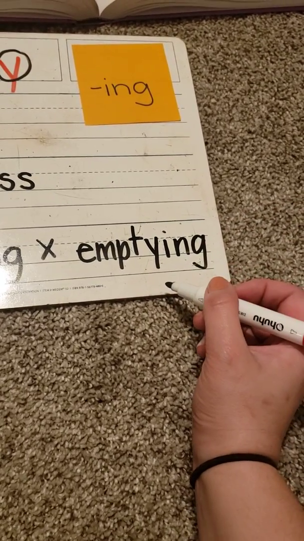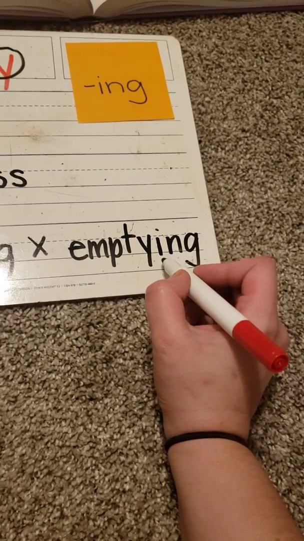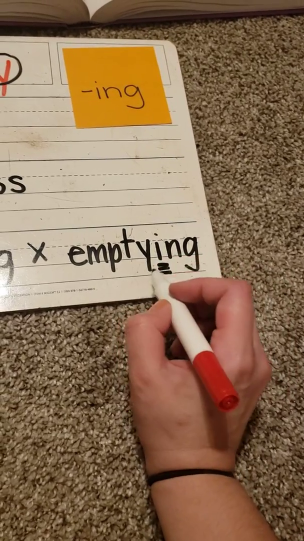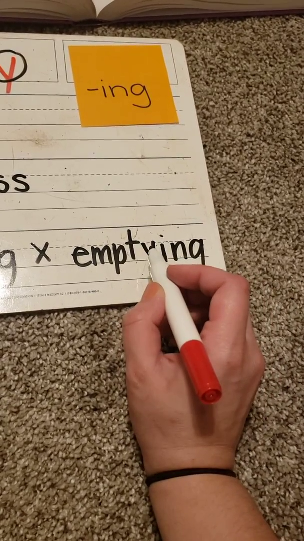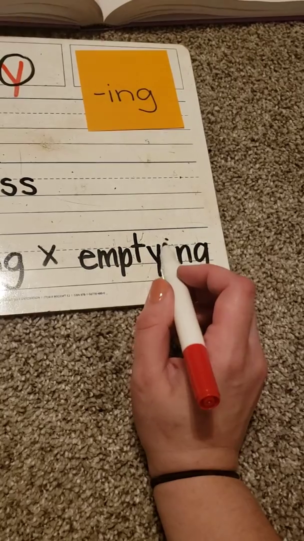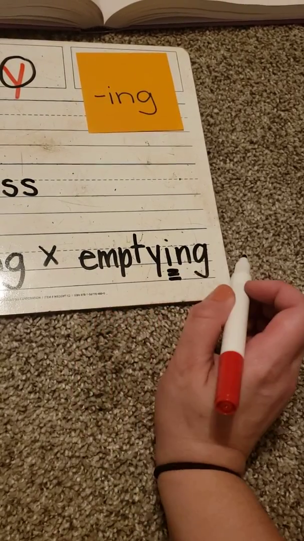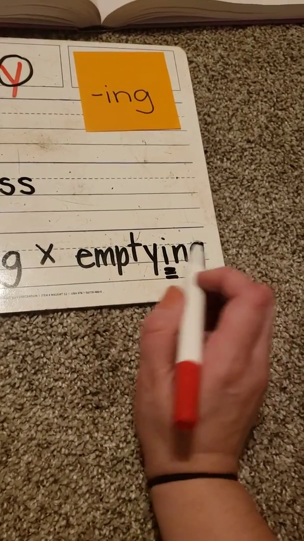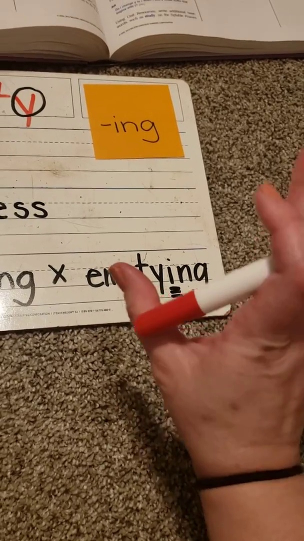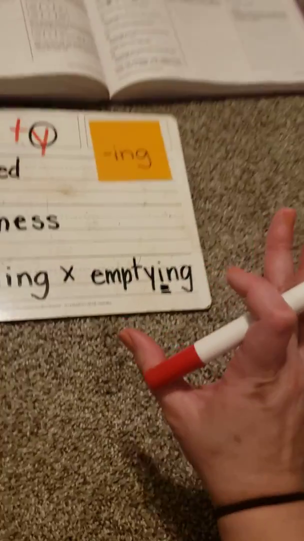When the suffix starts with an I, you're going to keep the Y. You're not going to just take it out. So it's going to be emptying. We're going to keep practicing that. Hopefully that's not too bad yet.